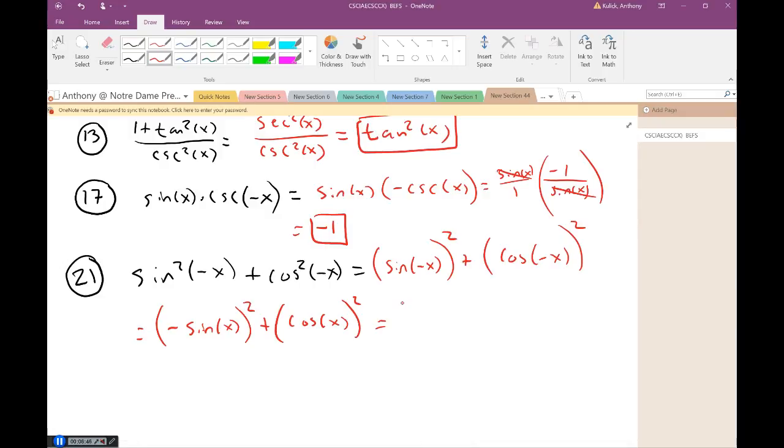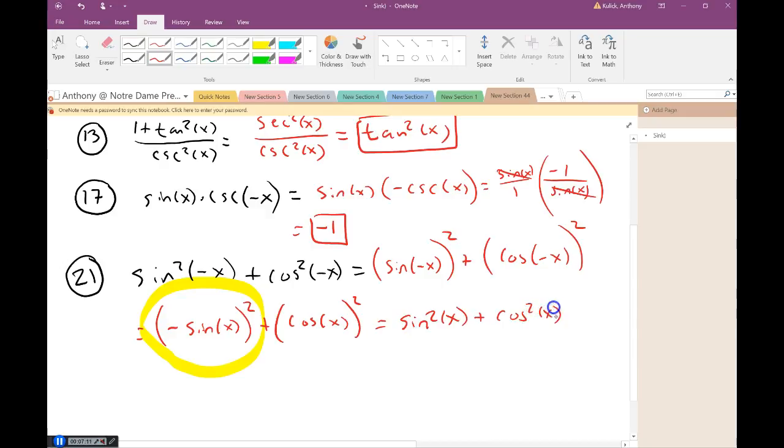So it is correct. So if I look at this chunk here, what does that simplify down to? That's negative sine x times negative sine x, right? Negative times negative is positive, and sine x times sine x is sine squared x, right? And then obviously the other one is cosine squared x, and that all just gives me 1.